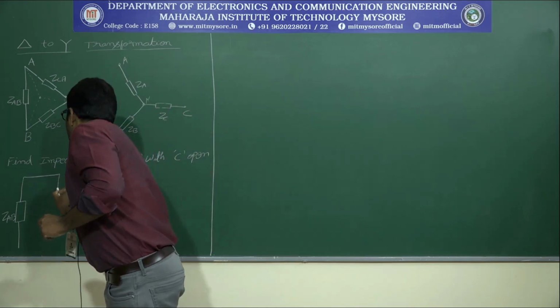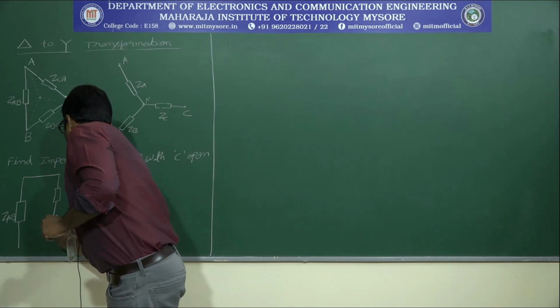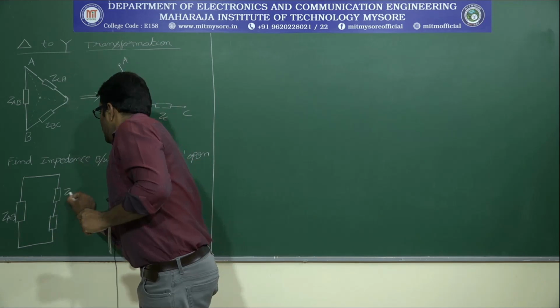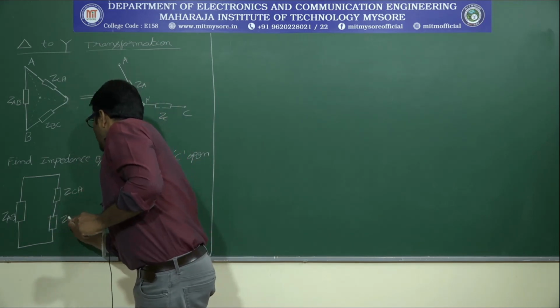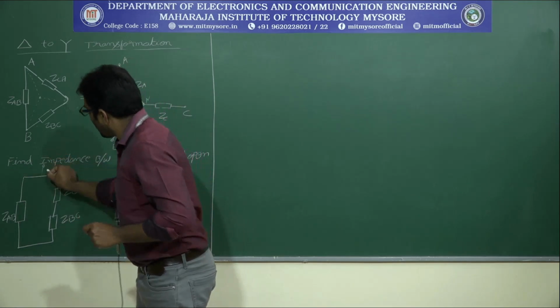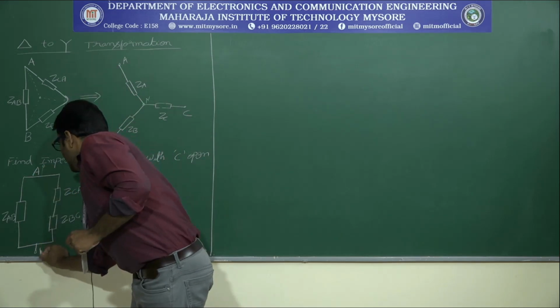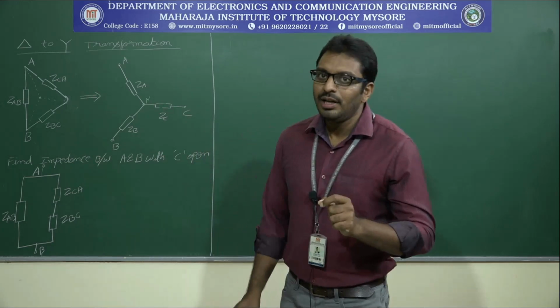Therefore, this becomes the first impedance and the second impedance. What is the first impedance? ZCA and ZBC. This is terminal A, and this is terminal B. Now let me repeat once again what we are doing.